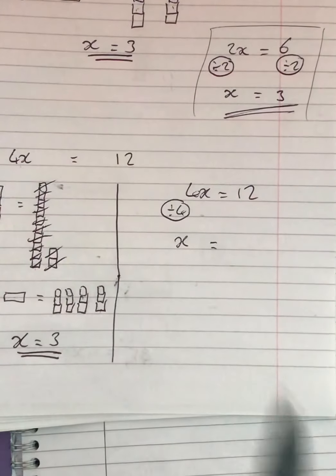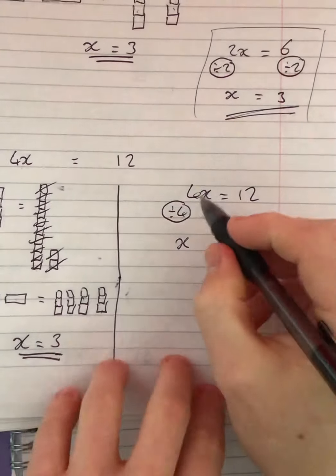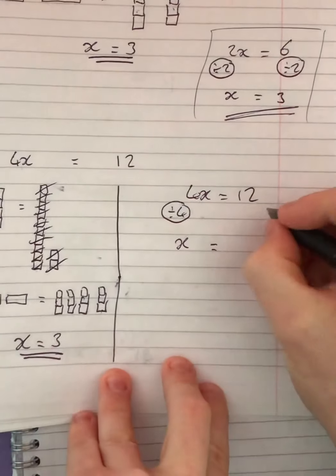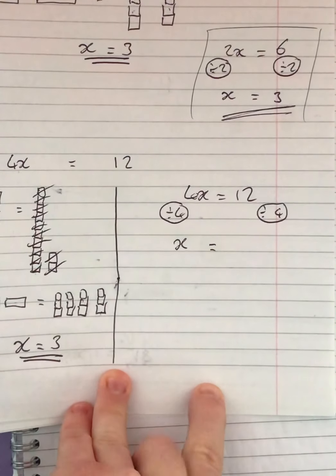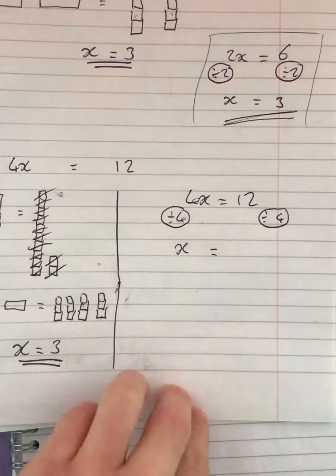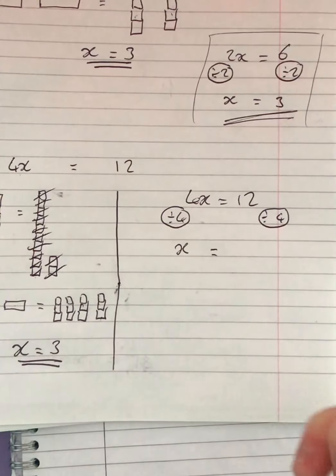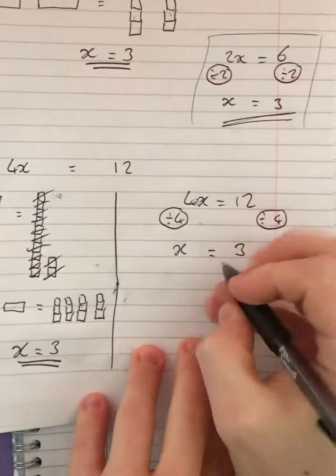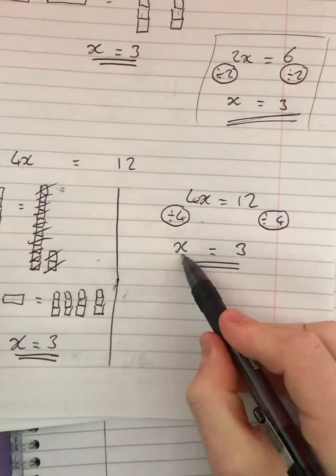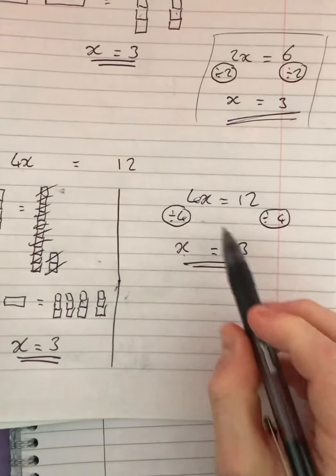There's going to be 1 rectangle in each group. If we've split this side of the equation into 4 equal groups, you've got to split this side of the equation into 4 equal groups as well. Otherwise, it will not be equal. So, 12 divided by 4 is 3. So each x is worth 3 units.